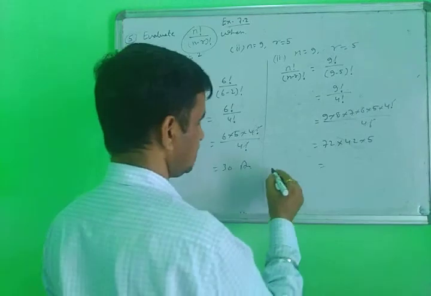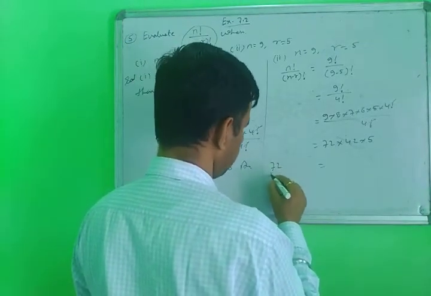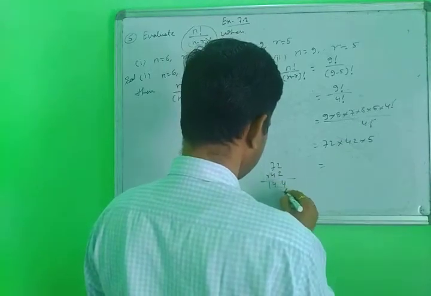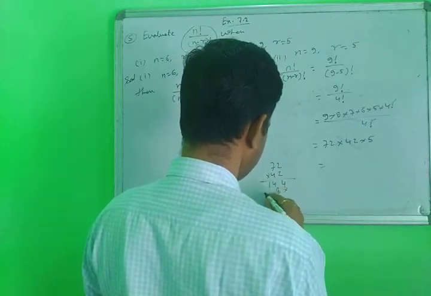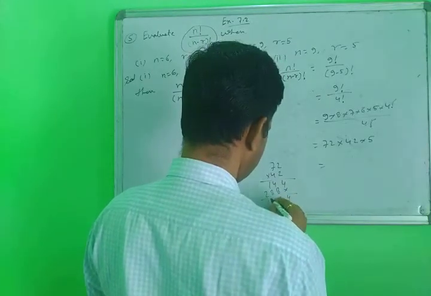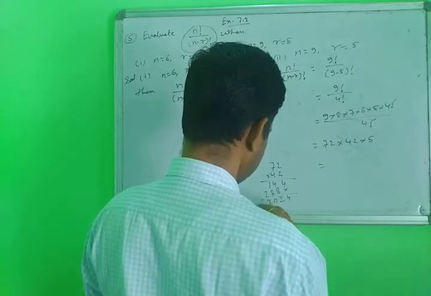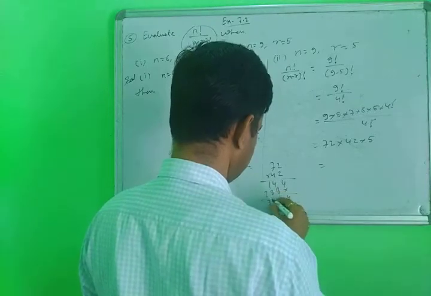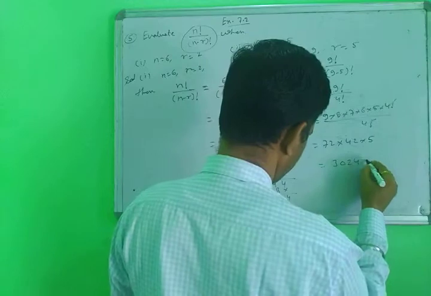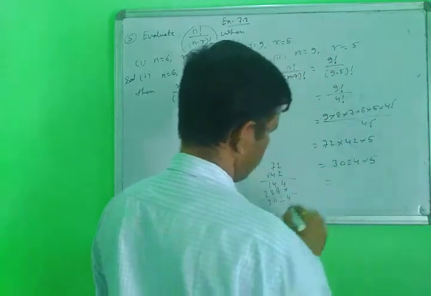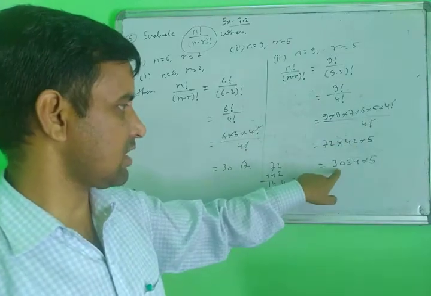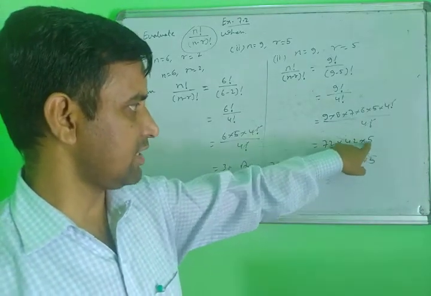And multiply here 72 into 42. 72 into 42, multiplying, the result becomes 3024, and then multiply by 5.